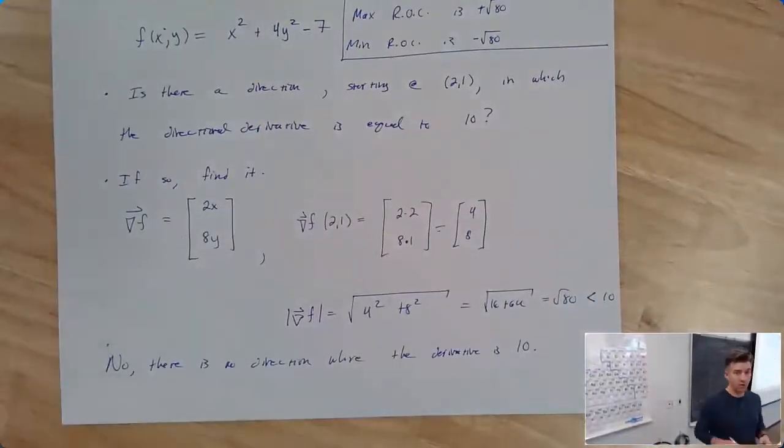Because essentially you're standing on the hill, and instead of looking in the direction where you're traveling upwards, you're turning around and looking in the direction where you're traveling downwards, and that slope hasn't changed, it's just your perspective of it has changed, and so it's a negative instead of a positive.